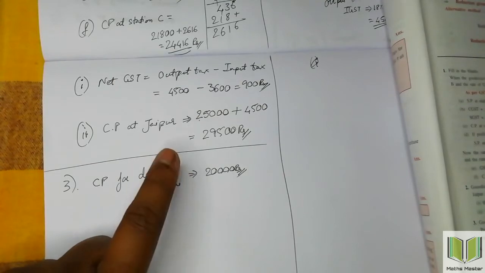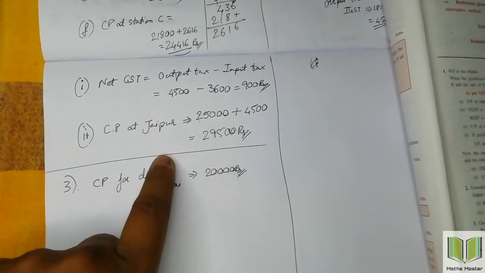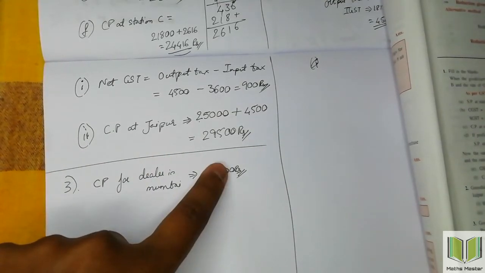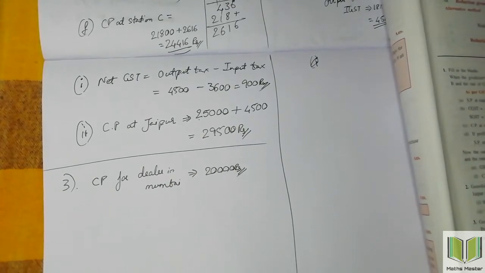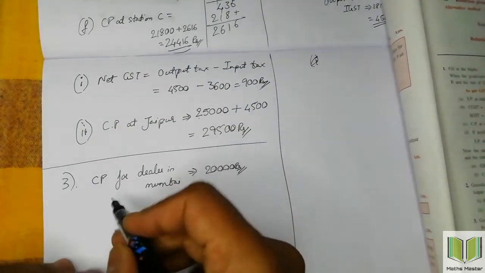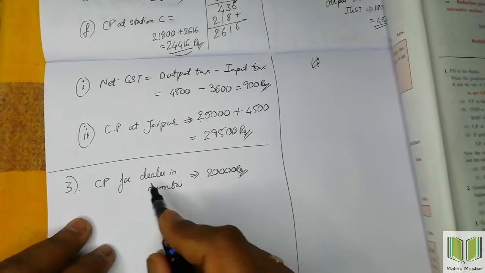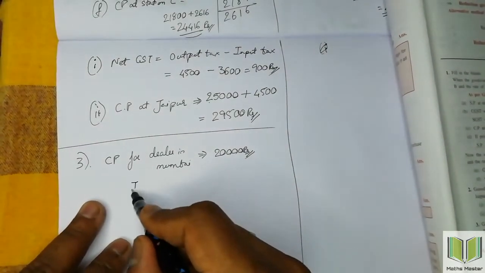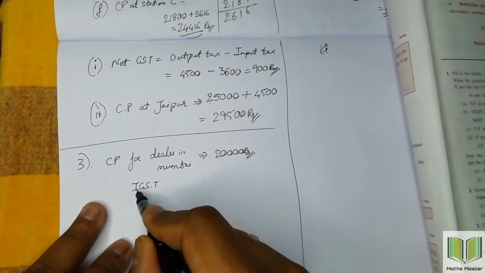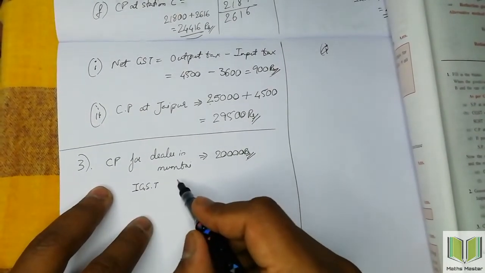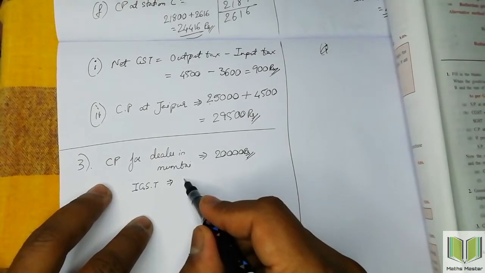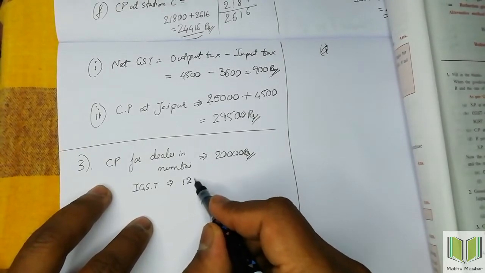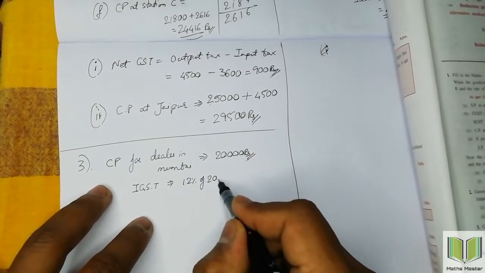Now from Kota to Mumbai, they have said the rate of GST is 12%. So from Kota to Mumbai it is an interstate transaction, so I'll be getting IGST over here, IGST paid by the Mumbai dealer, which will be equal to 12% of 20,000 rupees.